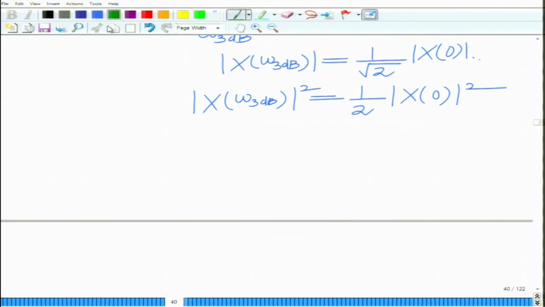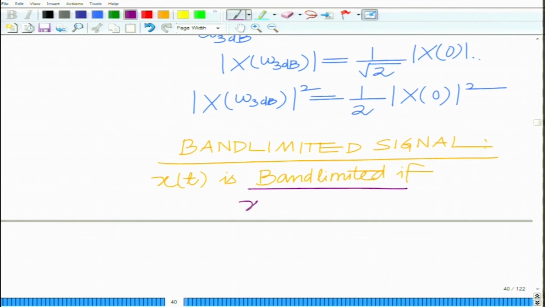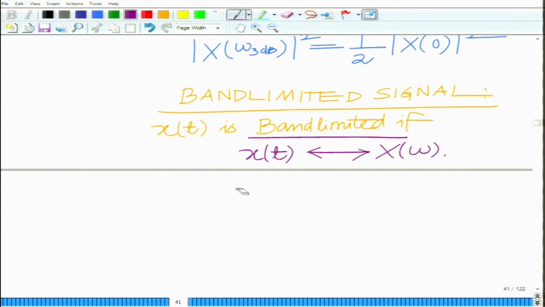And also there is the notion of what is known as a band limited signal. I think something important. x(t) is a band limited signal if, let us say we have the Fourier transform of x(t), which is X of omega. x(t) is band limited if magnitude of X of omega equals 0 for omega greater than omega m.